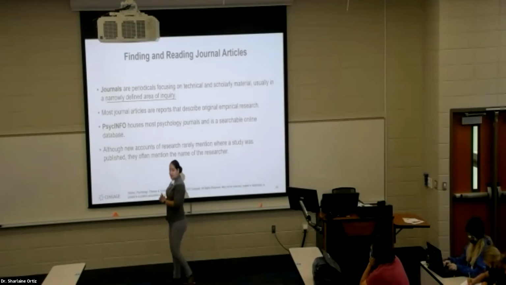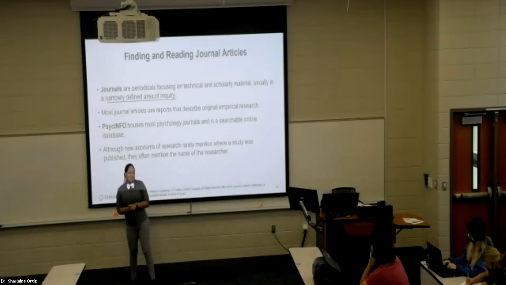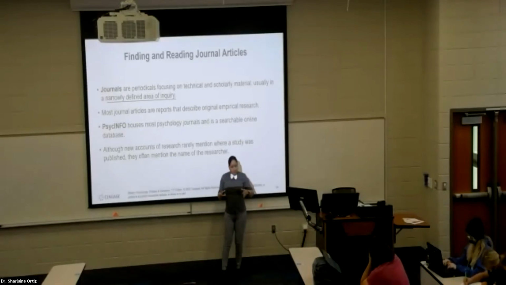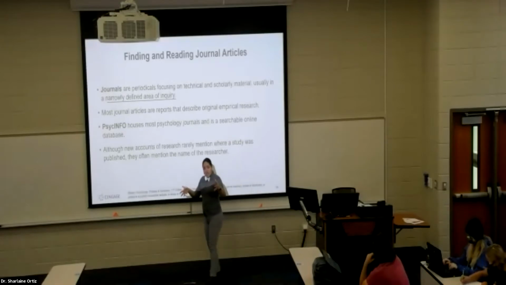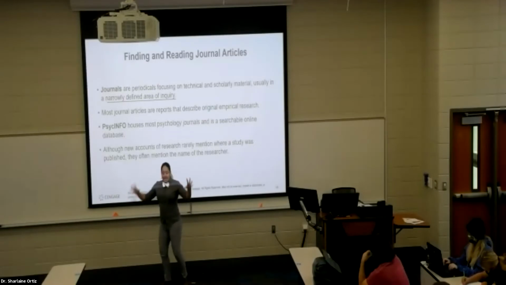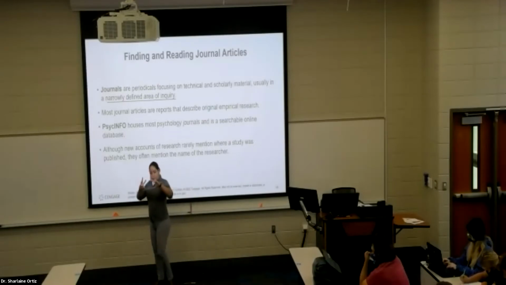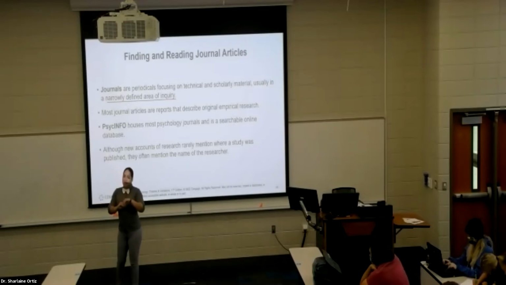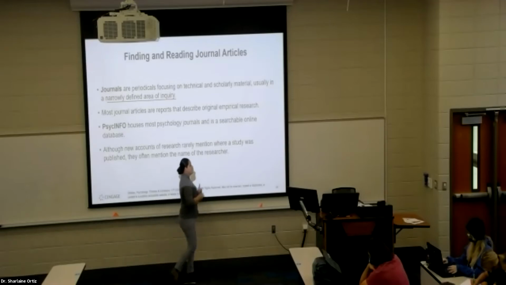So wink, wink, you're interested. If I have the Journal of Neuroscience, it's very narrow because now the articles and the research that's going to be published in that journal is going to be specifically geared towards neuroscience.